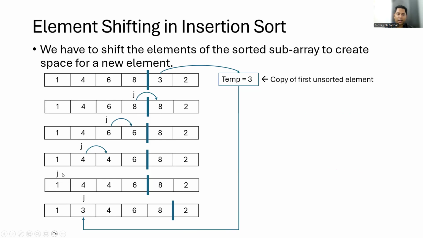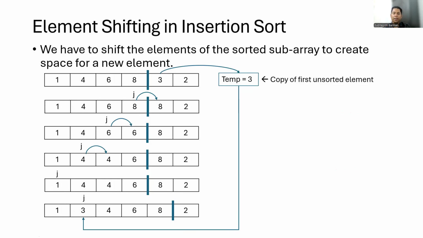There may be another terminating condition for this iteration, that could be the end of the sorted subarray. If we reach the boundary, then no more shifting is required. In that case, again, we will increment the value of j, and in the jth location, we will store the value of temp. After this, we can shift the boundary one place towards the right hand side.